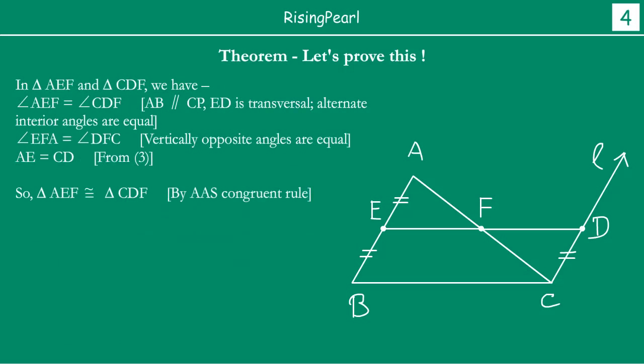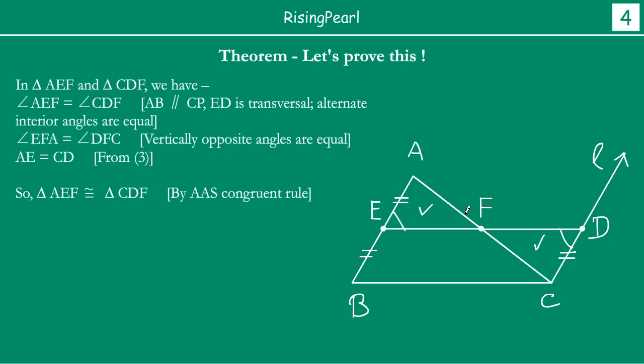Now look at these two triangles. What do we have? Angle AEF is equal to angle CDF. Why? Because AB is parallel to line L, and ED is a transversal, so alternate interior angles are equal. So we have these two angles equal.